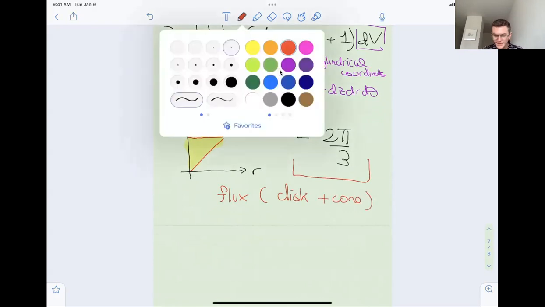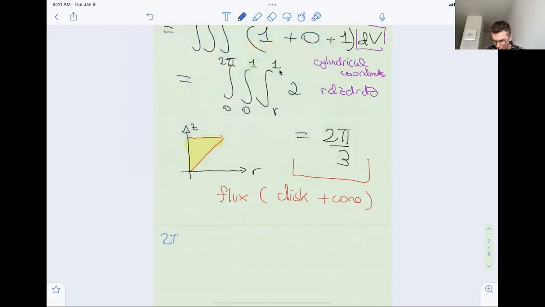So what this says is that 2 pi over 3 equals the flux of the disk plus the flux of the cone, because the surface has 2 pieces, really. So 2 pi over 3 corresponds to the combined flux. Is that making sense?